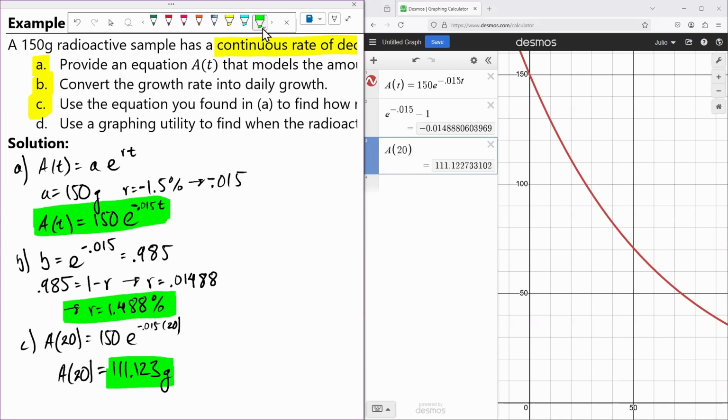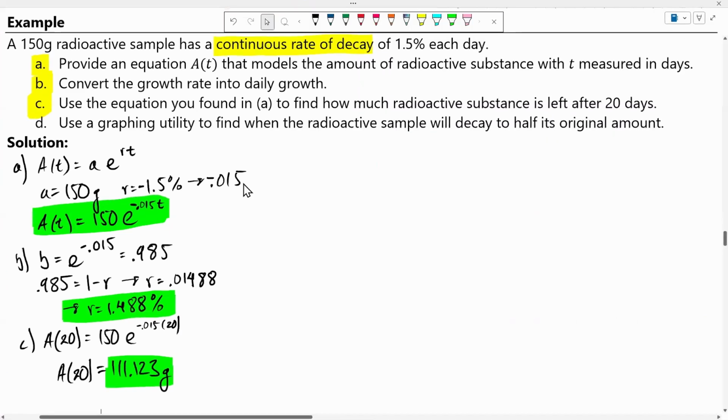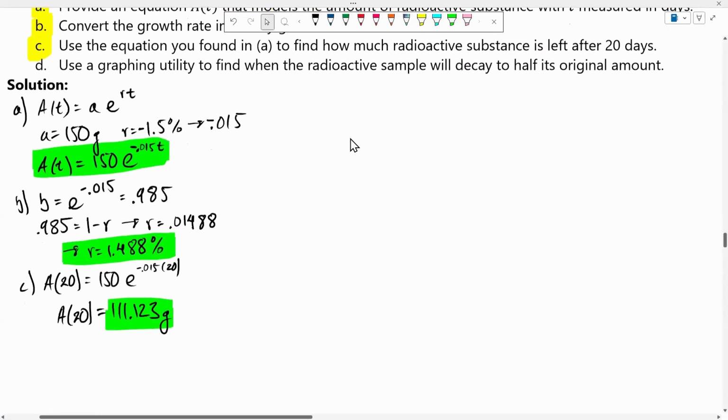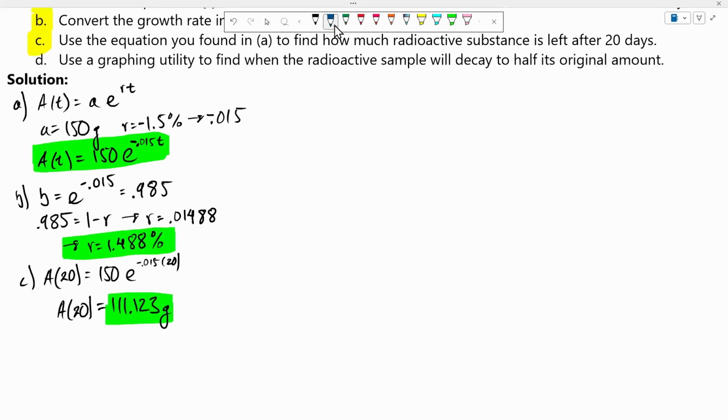Okay. Part D. Use a graphing utility to find when the radioactive sample will decay to half its original amount.